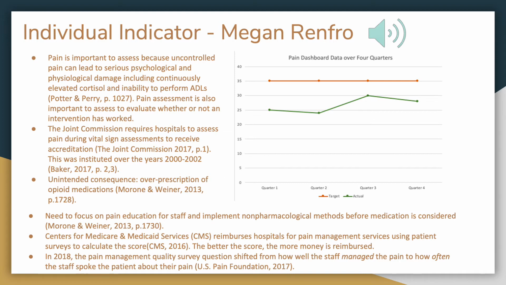The Joint Commission requires hospitals to assess pain as the fifth vital sign to receive accreditation. Over the years 2000 to 2002, the practice of assessing pain in a vital sign assessment was put into place in an effort to better diagnose, manage, and assess pain. Although this did positively impact pain assessments, it has also led to a large unintended consequence: overprescription of opioid medications.